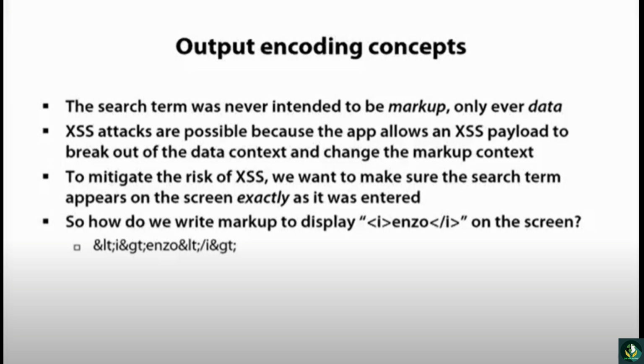To mitigate the risk of XSS, we want to make sure the search term appears on the screen exactly as it was entered. So how do we write markup to display it?